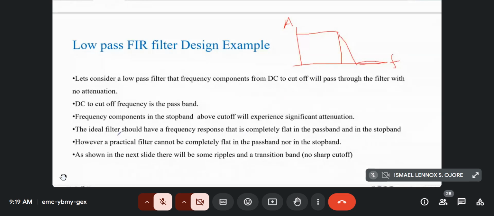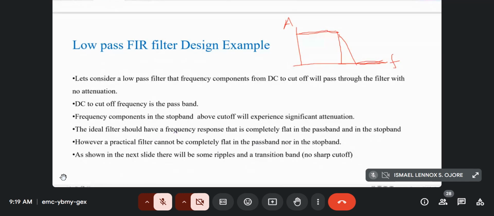So the ideal filter should have a frequency response that's completely flat in the pass band and completely flat in the stop band. However, a practical filter cannot be completely flat in the pass band nor in the stop band. We know that doesn't happen.